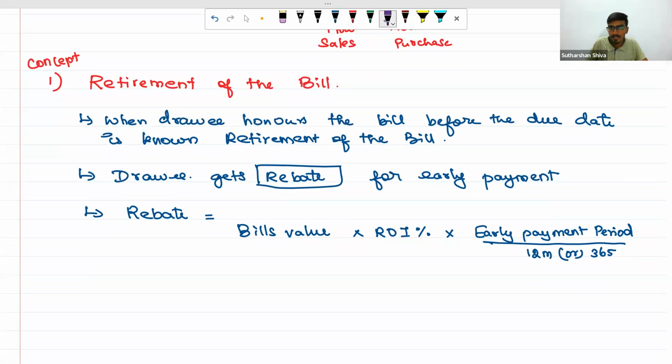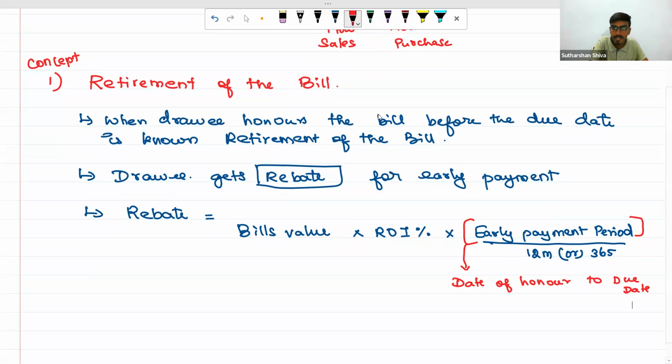This early payment period is calculated from the date of honor to the due date. When he is paying the bill, you need to calculate till the due date.